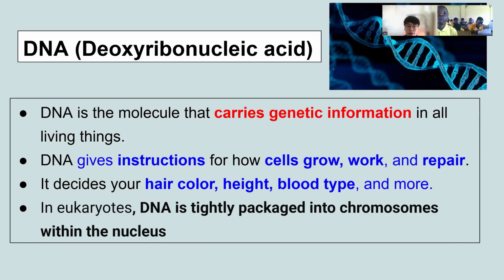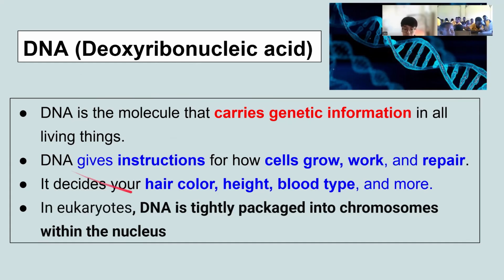But we're moving into DNA. So we're getting into the details of the DNA now. DNA stands for deoxyribonucleic acid. DNA is the molecule that carries genetic information in all living things. DNA gives instructions for how cells grow, work, and repair.